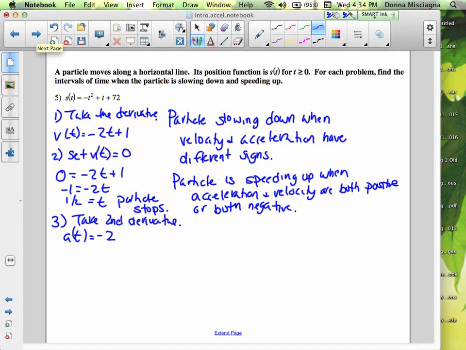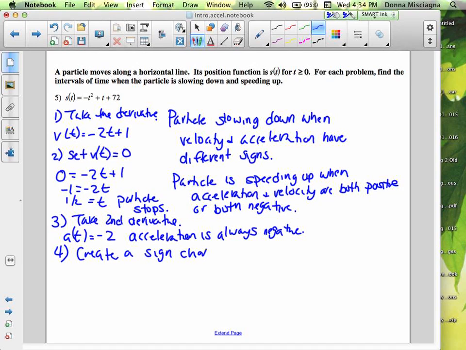Okay, so here acceleration is always negative. Okay, so we don't have to set that equal to 0. Step 4, we need to create a sign chart to compare velocity and acceleration. All right, so we have the critical value here is 1/2. That's the critical time.